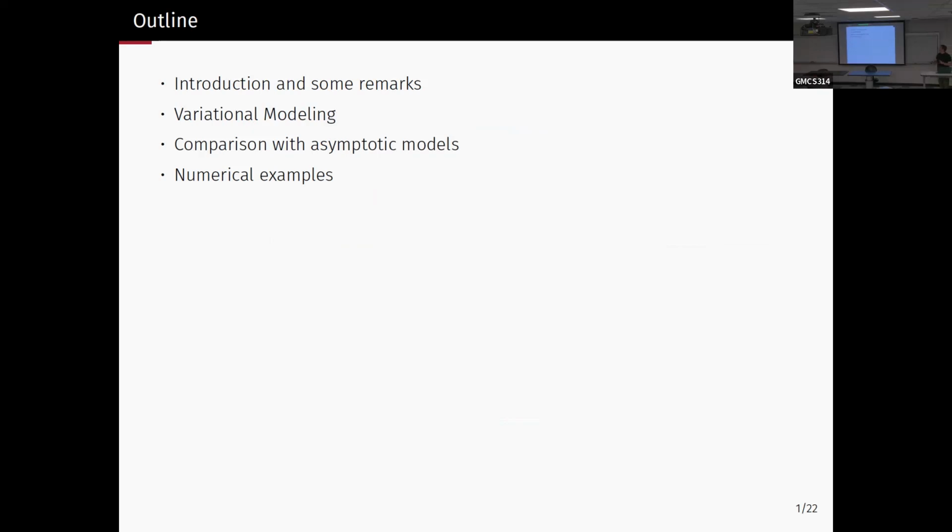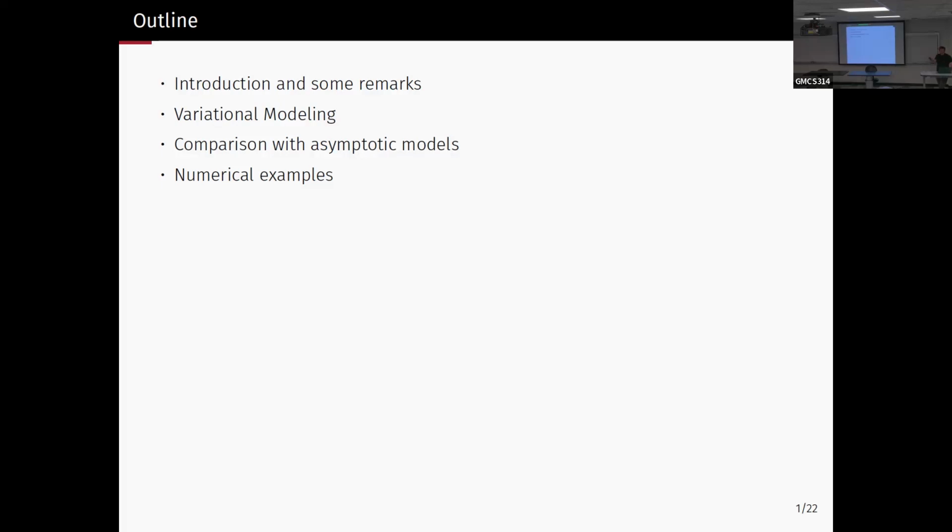So I will be talking about surface waves today. So water waves in the ocean that are driven by gravity, and they propagate on the surface of a fluid, which for our purposes would be the ocean. I will introduce the problem and the mathematical equations that describe this wave propagation problem.